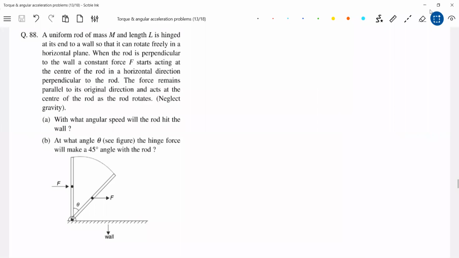With what angular speed will the rod hit the wall? Neglect gravity. I think this is also very important. Don't bring mg into the picture. I think you can do this, no?